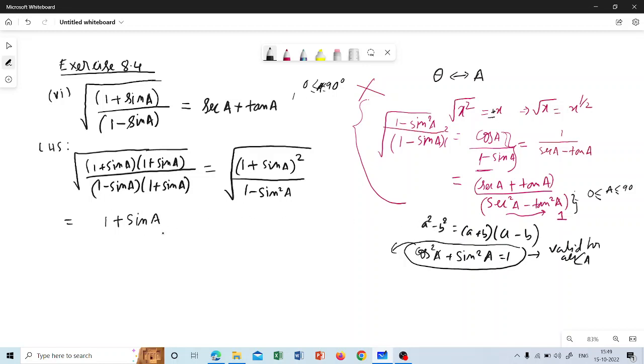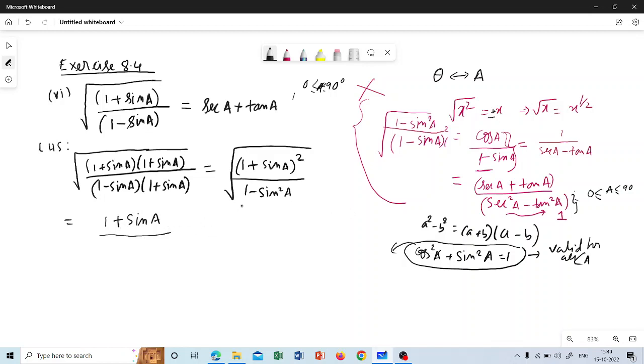So now 1 plus sine A, because of course in class 10 we are only considering from 0 to 90 degrees, but later on you will be going to many angles in class 11 and 12. So that time it will be useful.